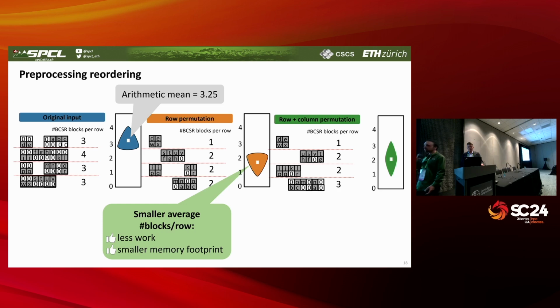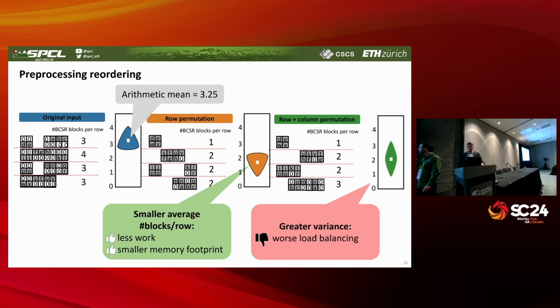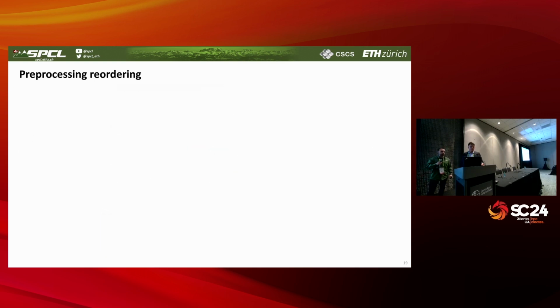But also what impacts the performance is that distribution. So the more variance we have, the more load imbalance we will have, because then some warps will have much more work than the others. So ideally, what we want for high performance on GPUs is good load balance, aka we would like to have more or less an equal number of BCSR blocks per row.